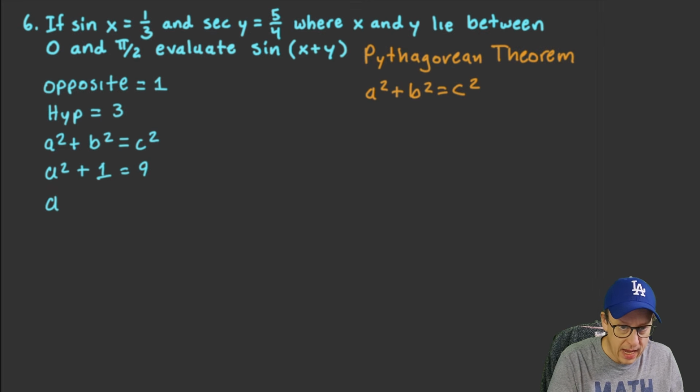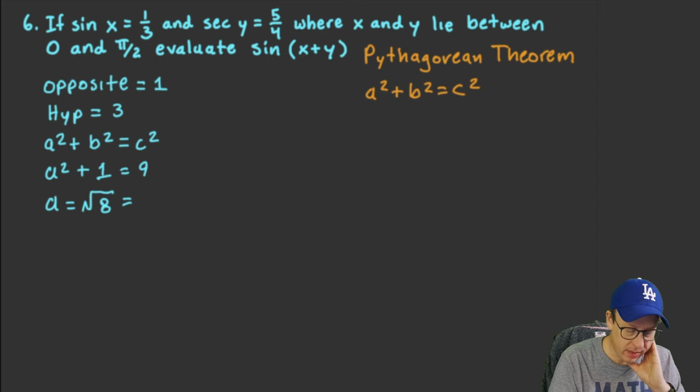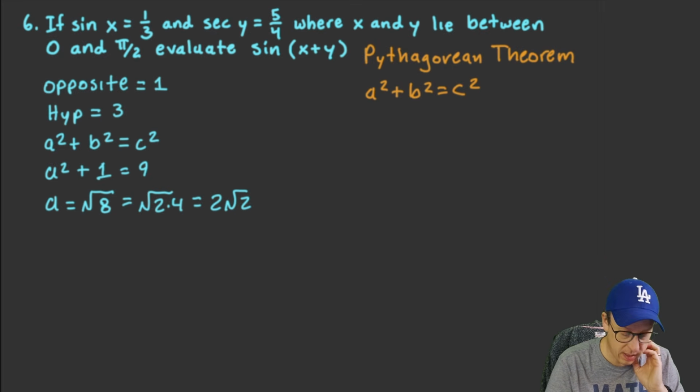And that means that a is going to be equal to the square root of 8. And we can further simplify that down by going 2 times 4, which is going to be equal to 2 square root of 2. Okay, so that is the value, and this is the adjacent. That's what we just got a calculation for, was our adjacent.